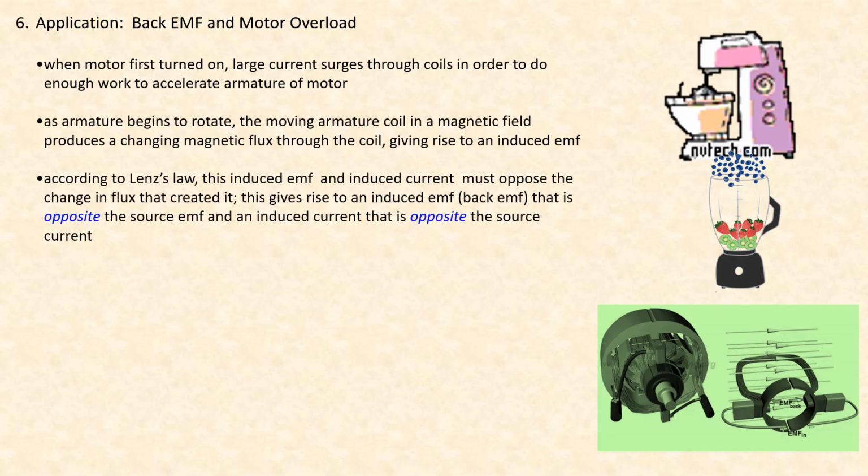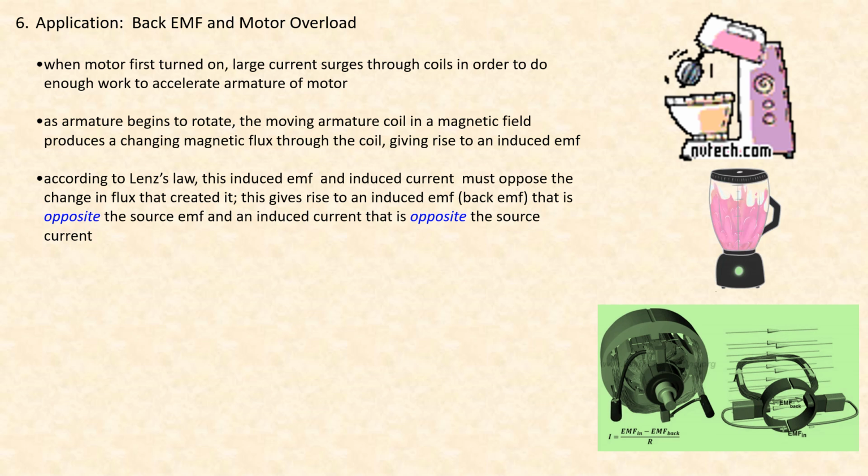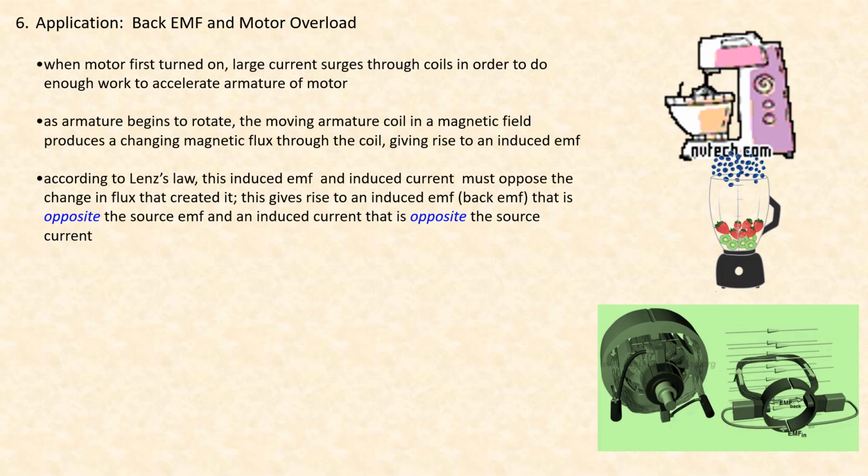According to Lenz's law, this induced EMF and induced current must oppose the change in flux that created it. This gives rise to an induced, sometimes called back EMF, that is opposite the source EMF, an induced current that is opposite the source current.